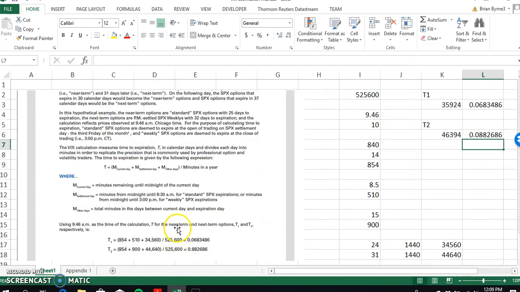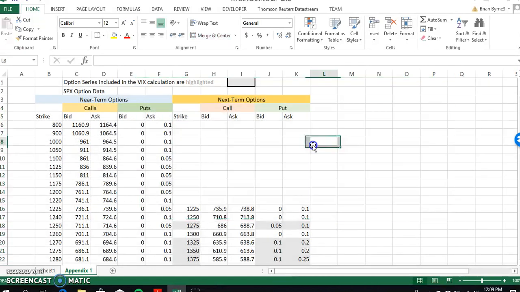Let's go and look at what's referred to here as Appendix 1. The data that we have to use in estimating the VIX for this particular estimation, provided by the white paper, entails looking at the near term option and the next term.